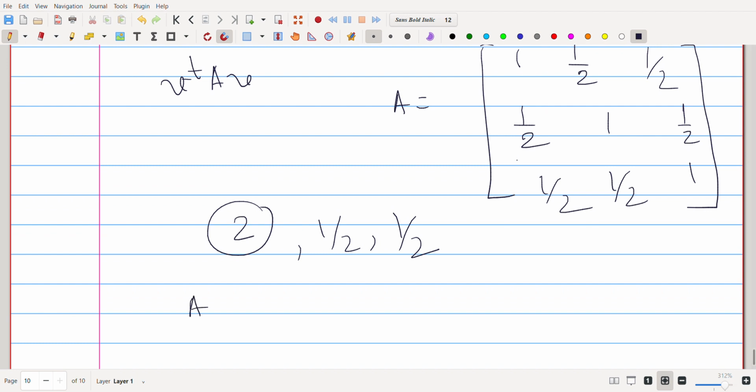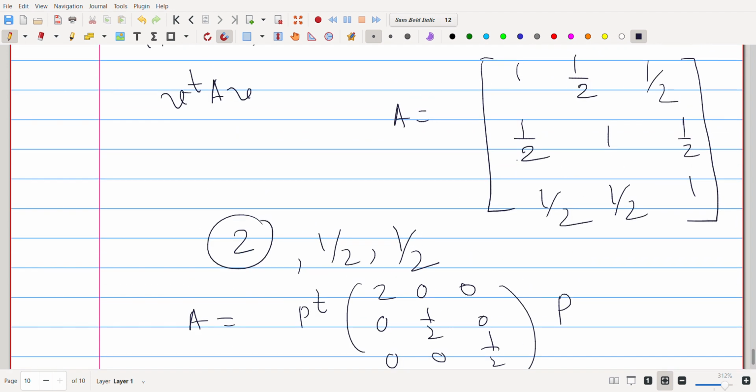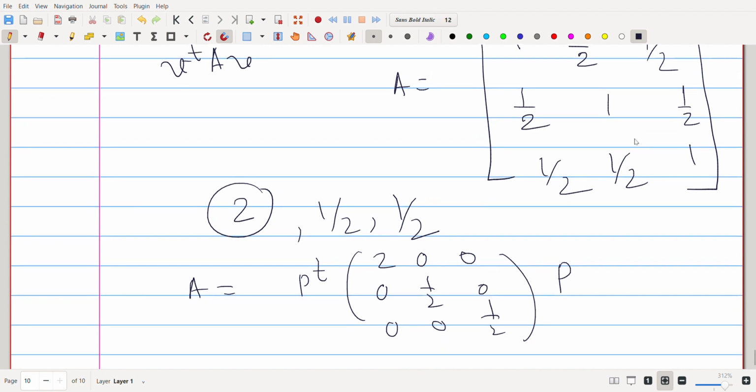So that means A can be written as P transpose times this times P, right? Fine. So the fourth one is correct, because the quadratic form is given by an invertible real symmetric matrix, which is this one. And now let's check the first three.